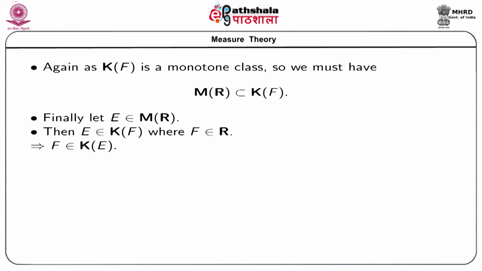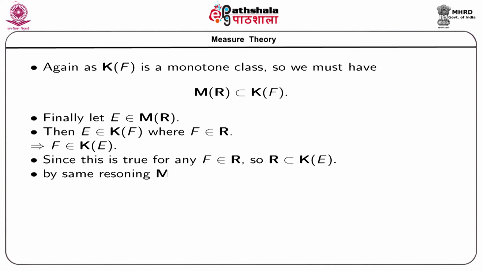Here E belongs to MR and F is a member of R. By the same logic, since this relation is true for any member of R, R is contained in Ke. And we have already seen that Ke is a monotone class and MR is the smallest monotone class containing R. So, by the same reasoning we have MR subset of Ke.